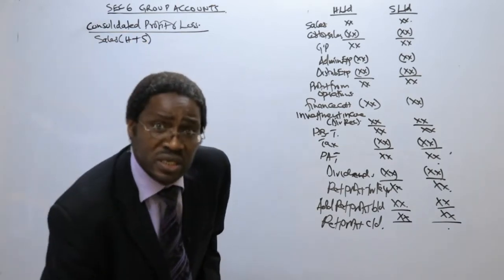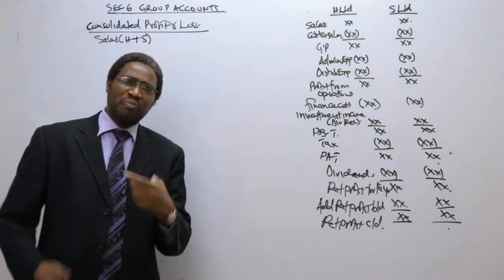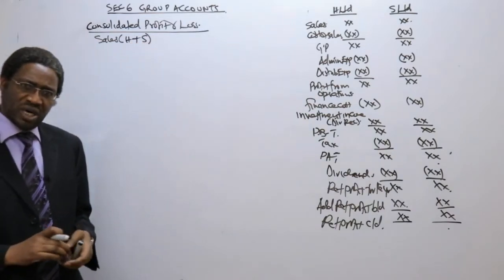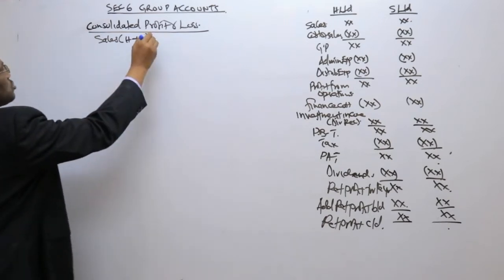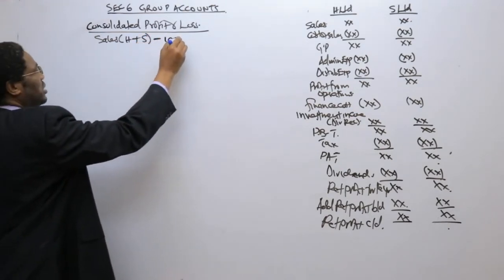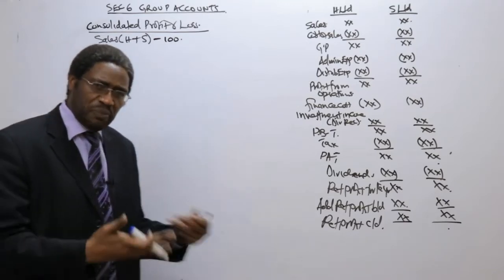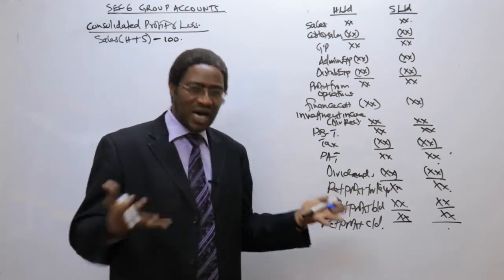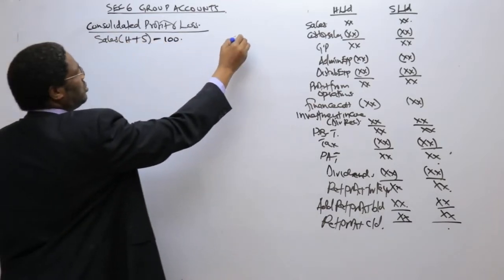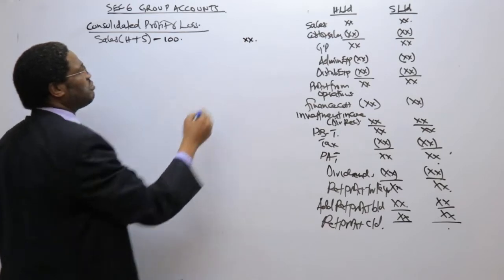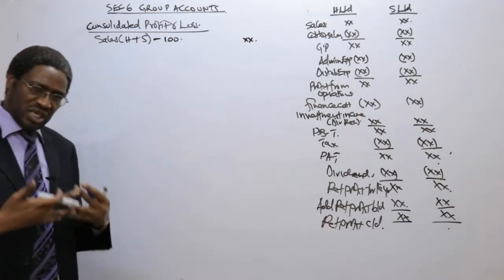Then we said, if there are any intercompany sale of goods, I hope you remember, you should deduct them. So for now, let us assume our intercompany sale of goods amounted to 100,000. That is what you minus. Whatever you get becomes the group sales.